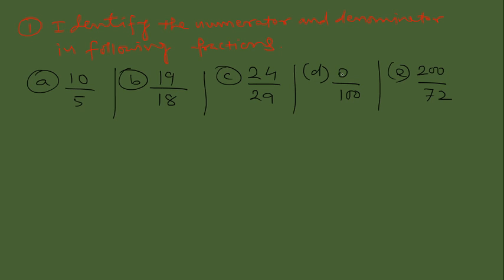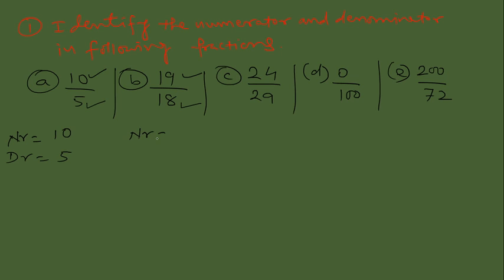In the earlier lecture, I told you that the upper part is called the numerator and the lower part is called the denominator. So we can write simply here, for numerator I write NR, I write here 10, and denominator I write DR, in short, 5. Upper part is numerator, lower part is denominator.